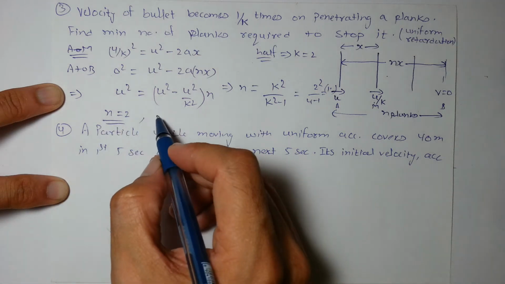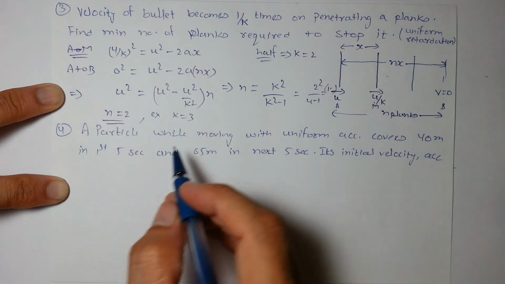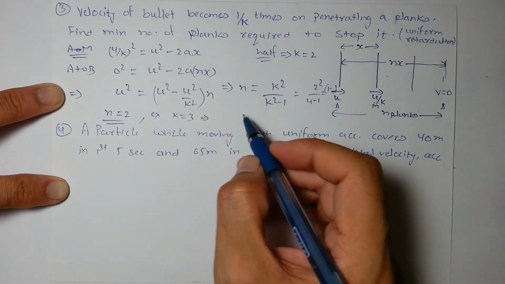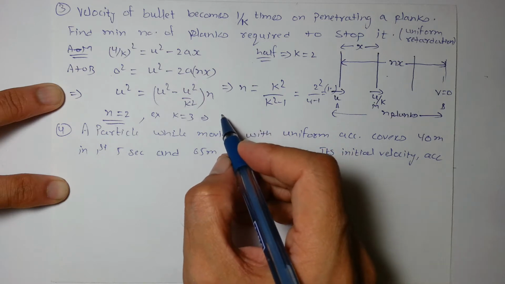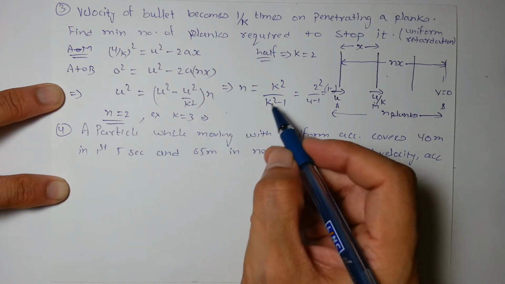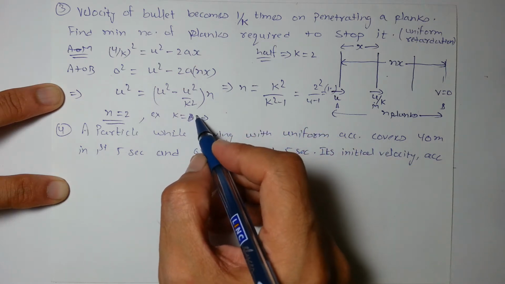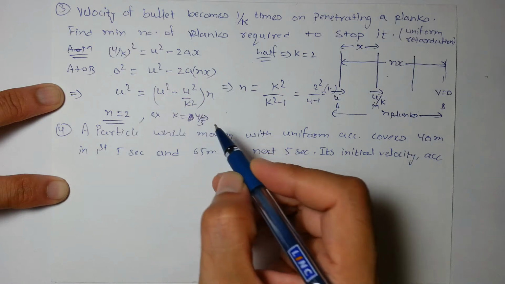Okay, for example, another example, let's take some other k. Let's say k is 4 by 3.